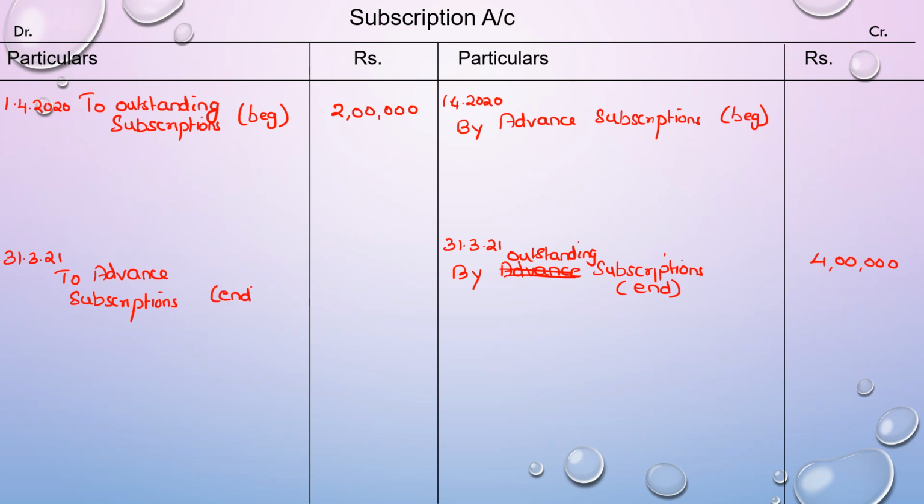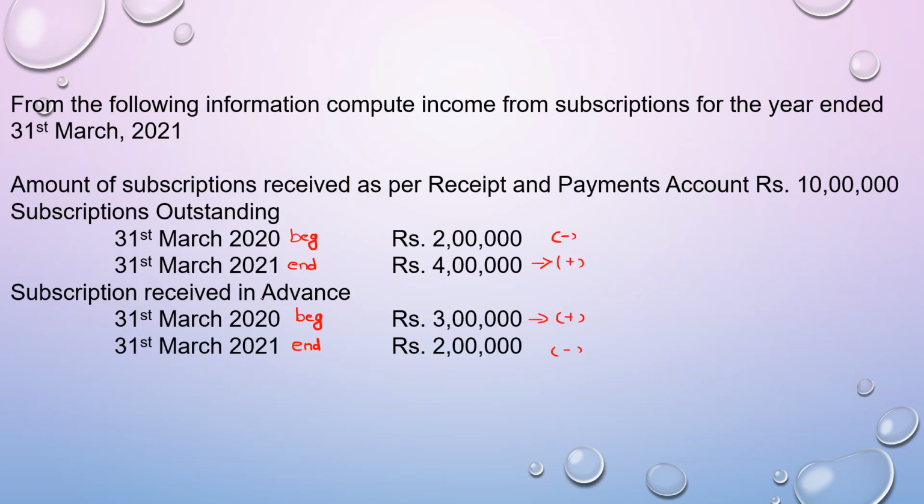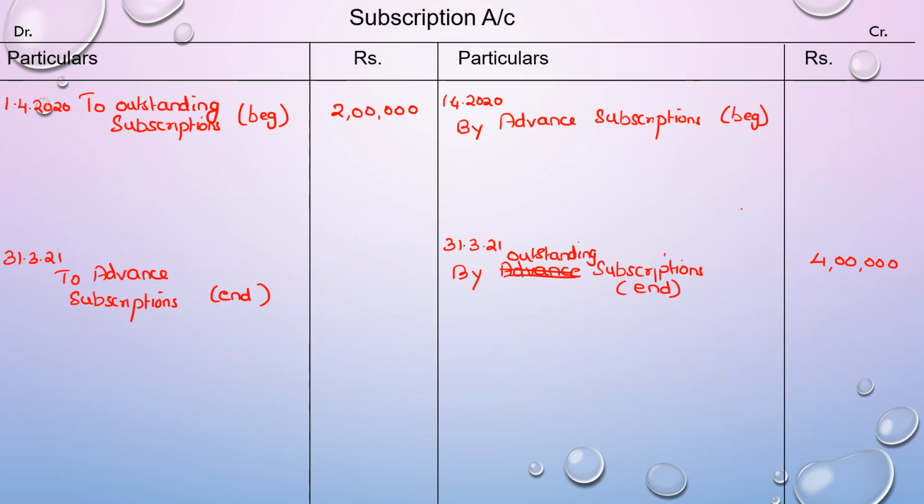Now let us look at those amounts. Advance at the beginning is 3 lakh, end is 2 lakh. So you have beginning 3 lakh, end 2 lakh. And the amount which has been received is 10 lakh. So it is going to be bank account debit. So during the year you have received by bank account whatever has been received during the year.